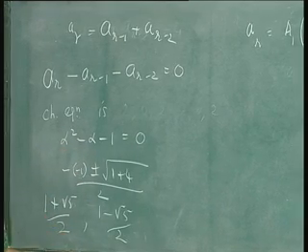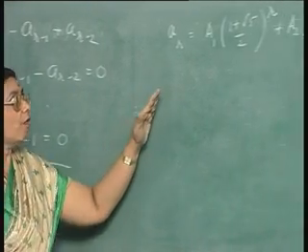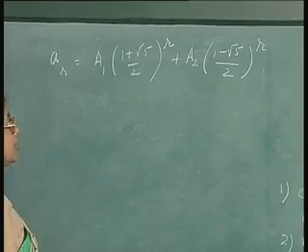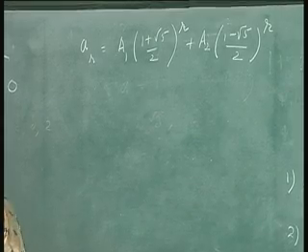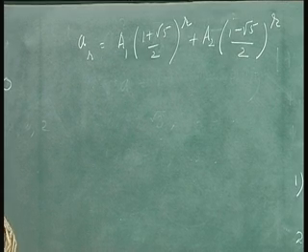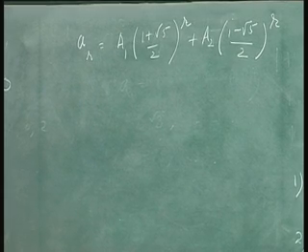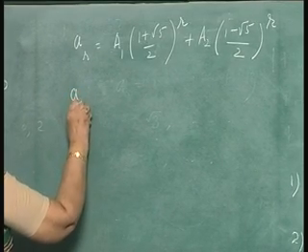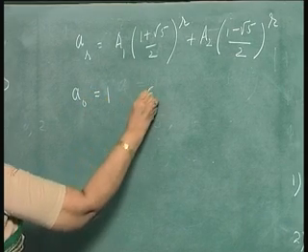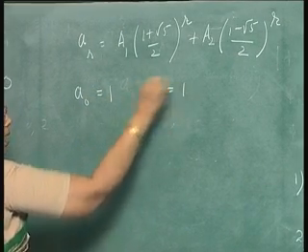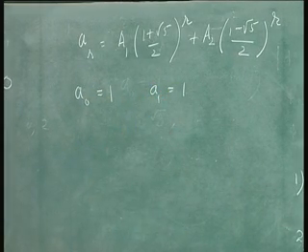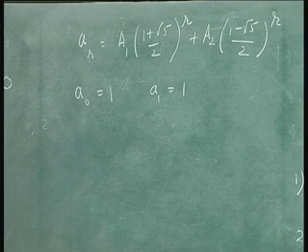So, the homogeneous solution will be of this form, where the constants A1 and A2 have to be determined using the boundary conditions. Now, what are a0 and a1? a0 is 1 and a1 is 1. This we know, the starting points.